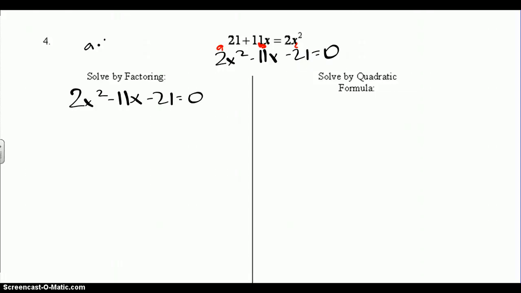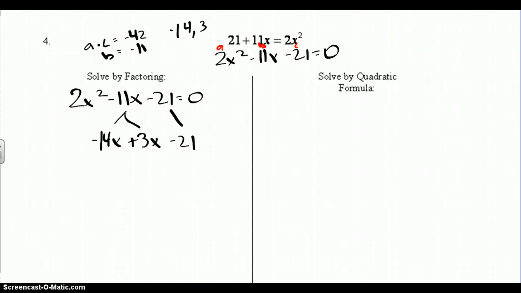I need two numbers that multiply to a times c, which is negative 42, and add to b, which is negative 11. Those two numbers are going to be negative 14 and 3. So that's how I'm going to split my middle term: negative 14x plus 3x, and I'm just going to bring down the first and the last term. So now if we have four terms, we can group.